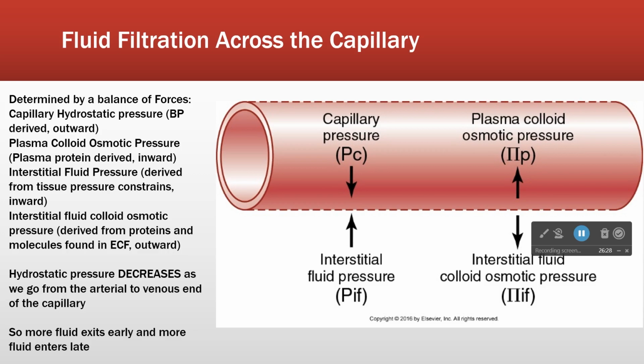We're going to take the outbound pressures and the inbound pressures, and we're going to sum them up, and we're going to see, all right, what is the net filtration pressure? What is the net amount of pressure pushing fluid out or pulling fluid in? Okay? So, capillary hydrostatic, plasma colloid, interstitial colloid, and then interstitial hydrostatic pressure.